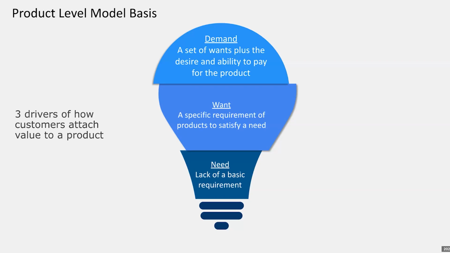So there is no want for me to buy a BMW, but there is a need, an aspirational need, so to say. Once your product crosses the want stage, and there are enough customers in a segment who want your product, then it converts into demand. So there are three levels.